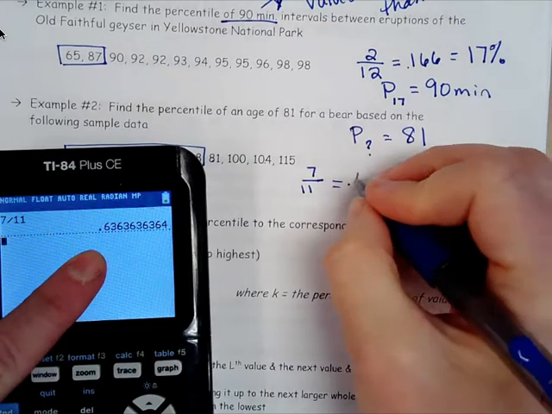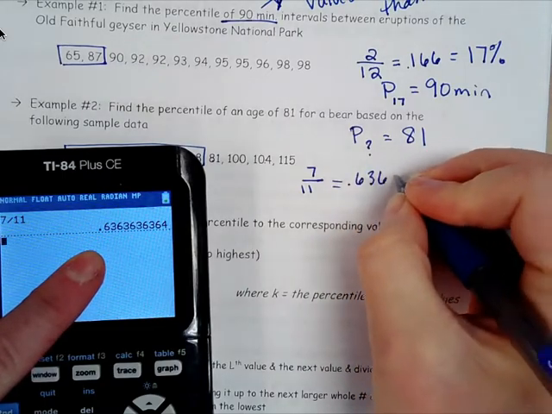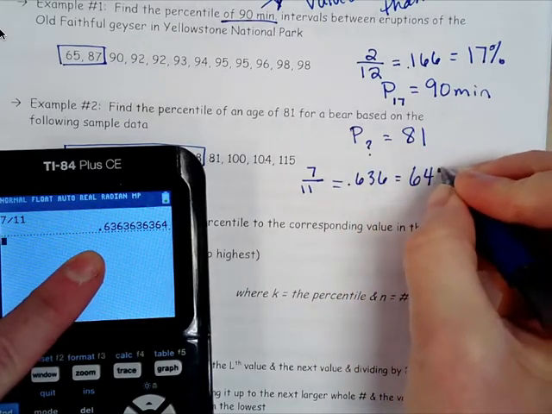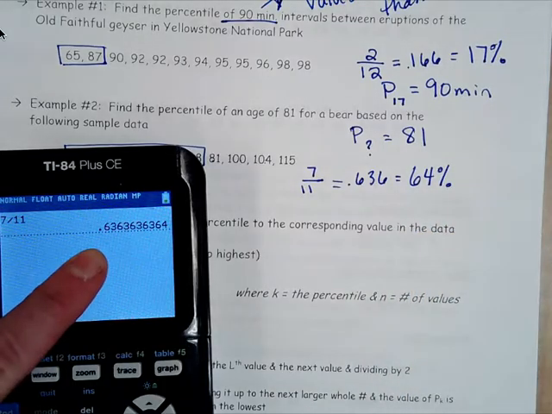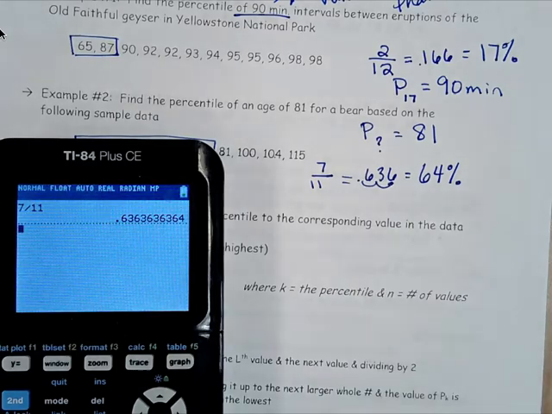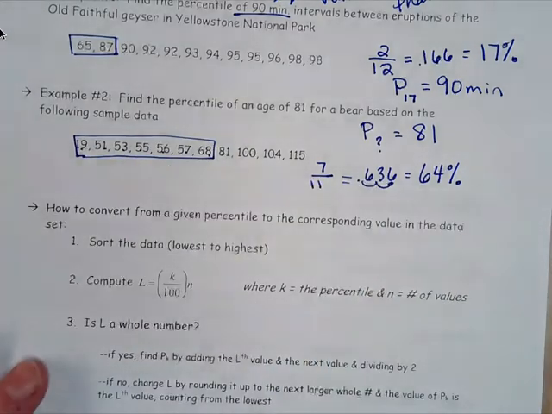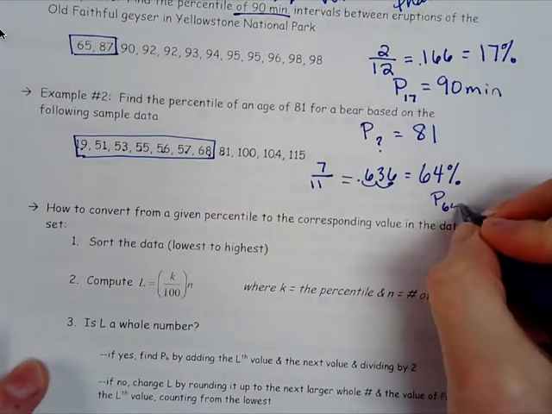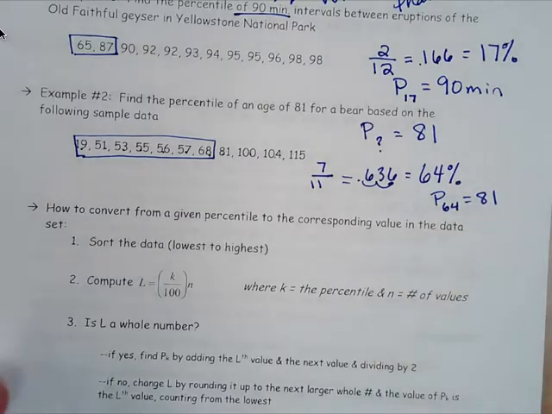So that would be 0.636, which would round to 64%, as you move your decimal over and round up. So P64 is 81. So the age of 81 is in the 64th percentile. So it's higher than half. So an age of 81 is more than half.